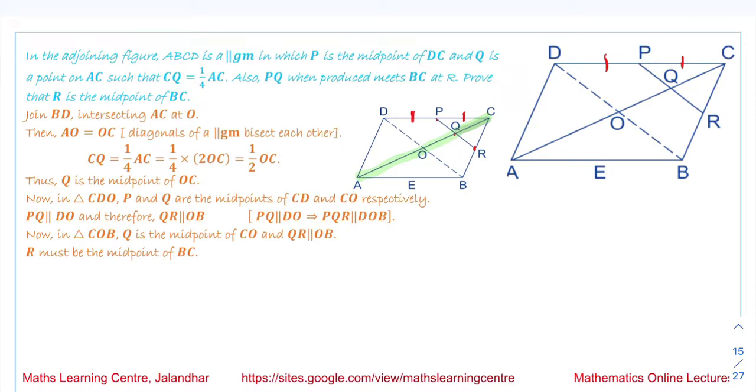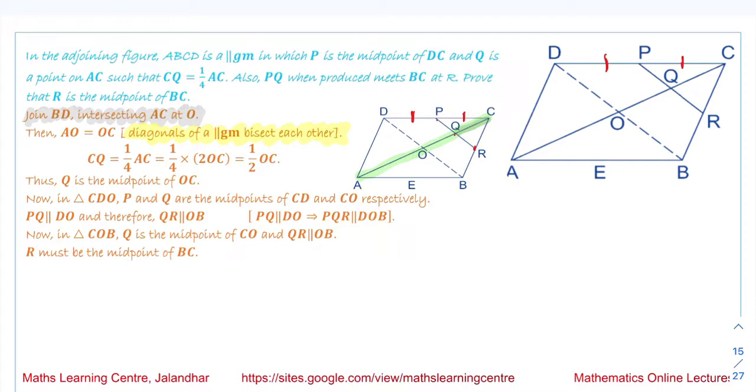So to prove this we are going to join first of all B and D, and the point where it intersects AC is the point O. Now what we have is that AO is equal to OC. Why? Because we know that diagonals of a parallelogram bisect each other.